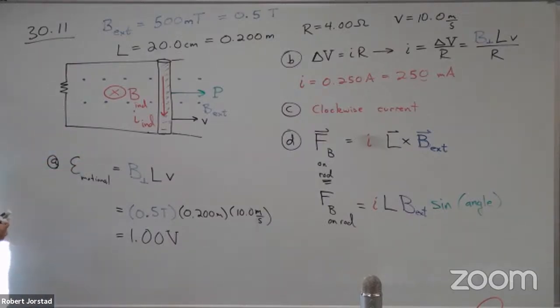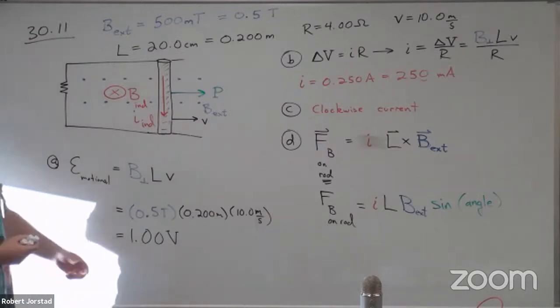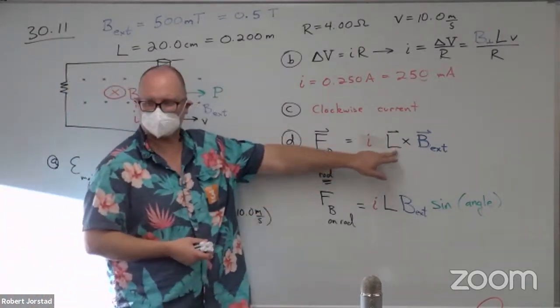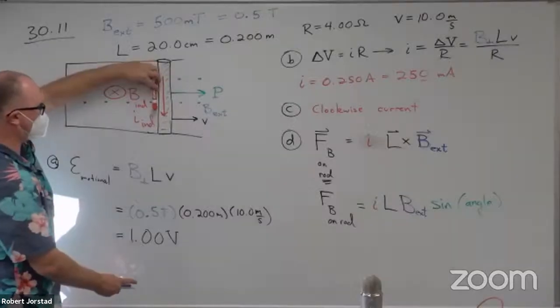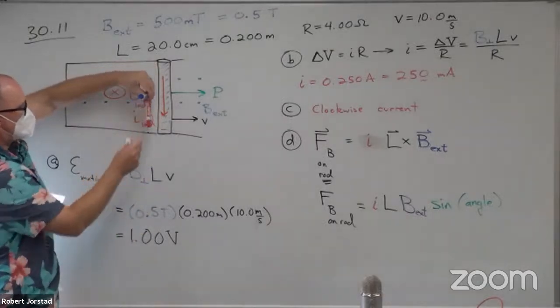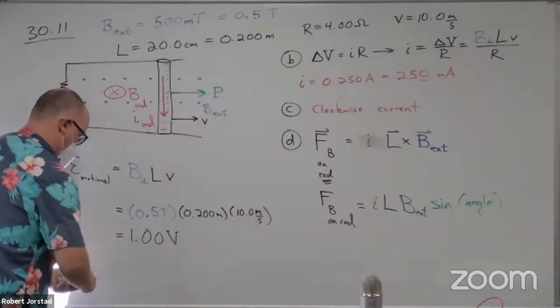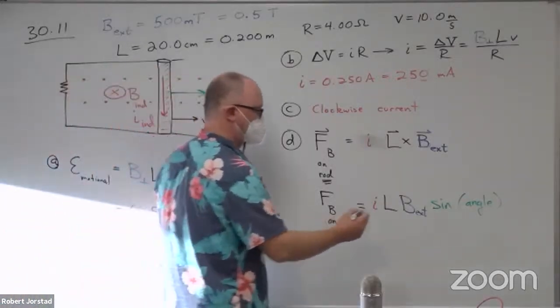So hold on. What do you think? It's the angle between the two vectors, right? What direction is the length vector? Negative J. Yeah, right there. What direction is the B field? Negative K. You see it's 90? So what's sine of 90? 1.